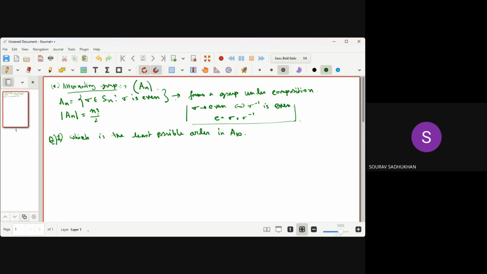One. I mean the order of identity, since identity belongs to it. So one, as the order of identity equals 1.